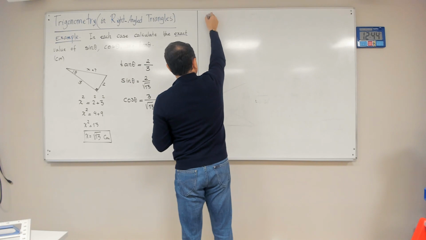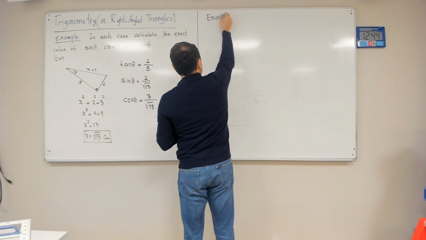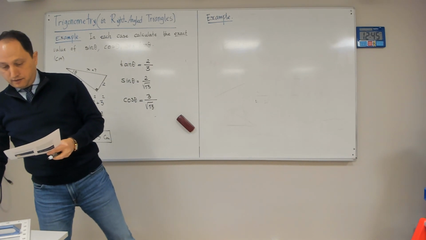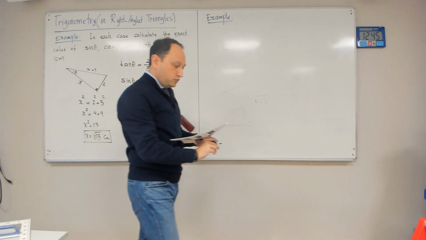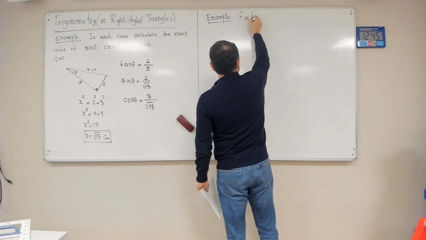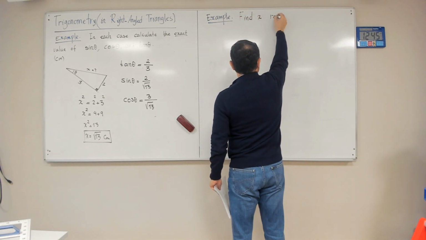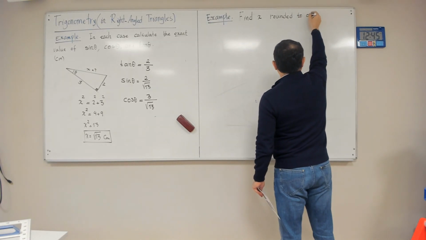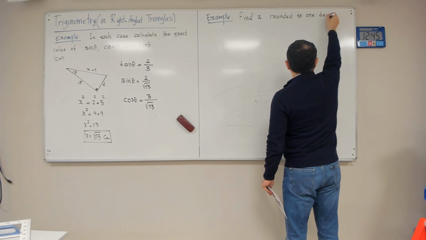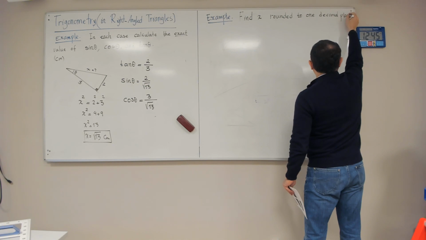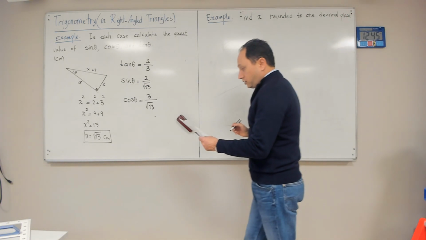So example, find x rounded to 1 decimal place. Okay, so number 1.